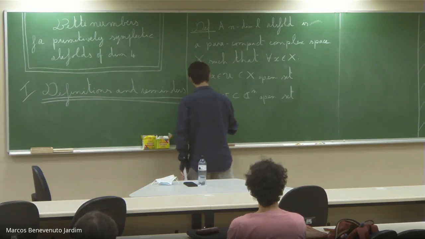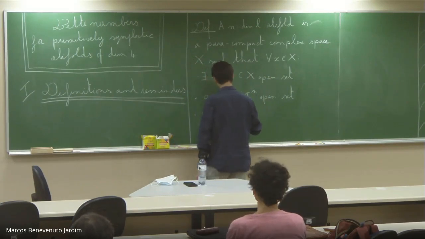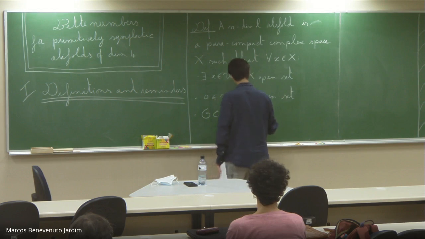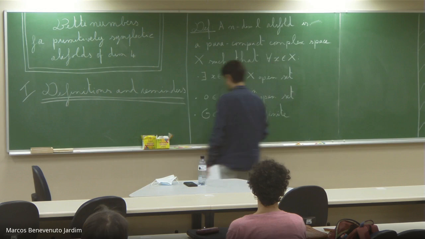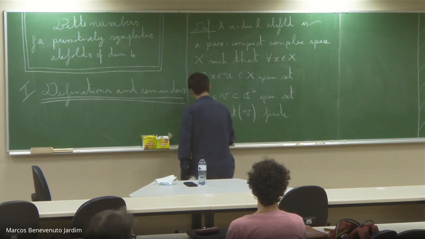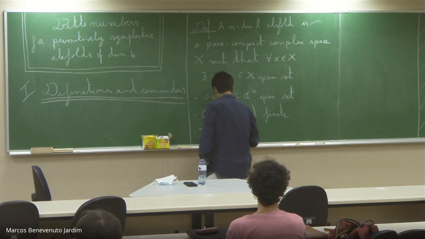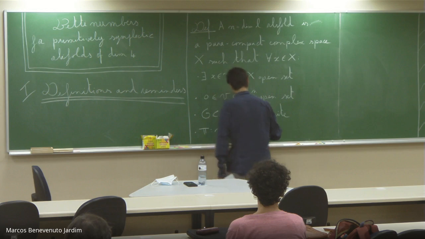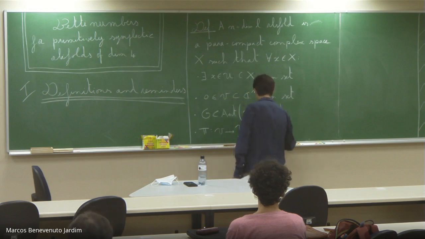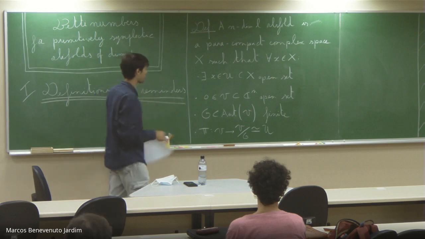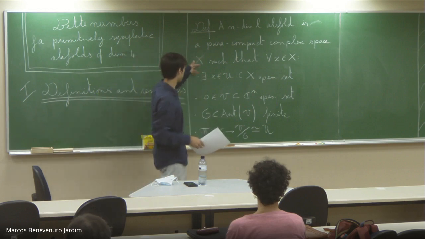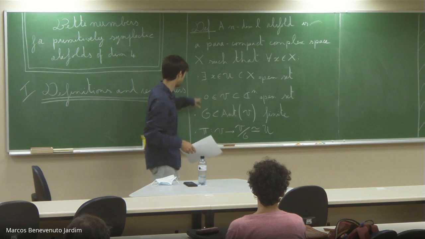We consider a group G, a finite automorphism group of V. And then we have the map pi, which is more or less a quotient map from V to V quotiented by G, an isomorphism. So for each x there exists this data.